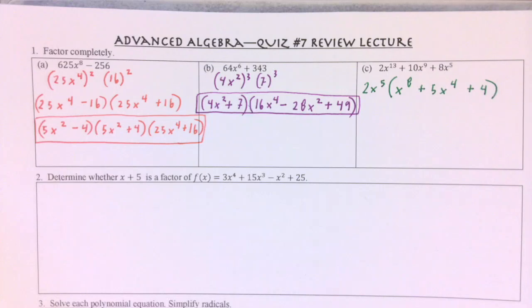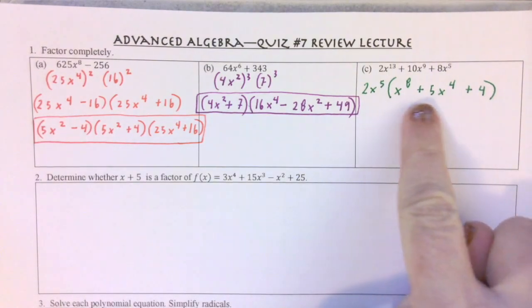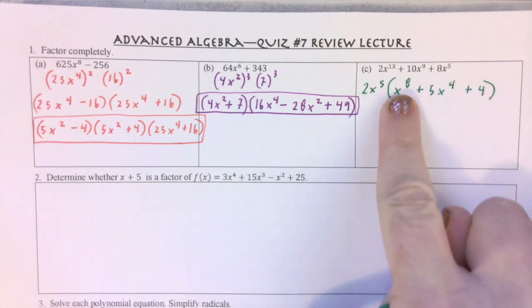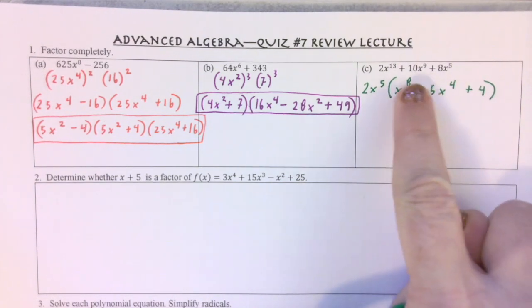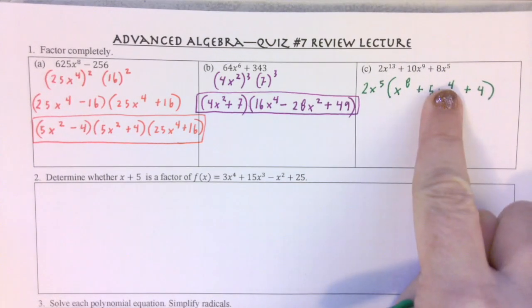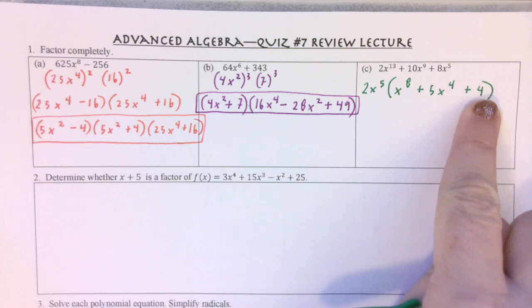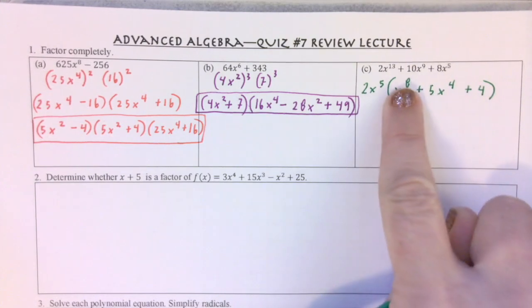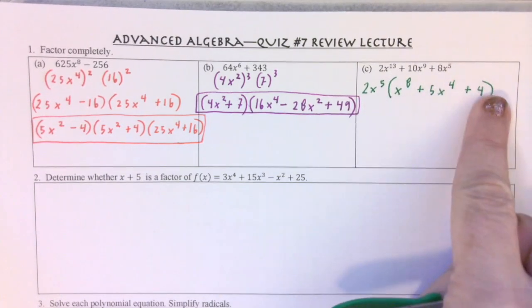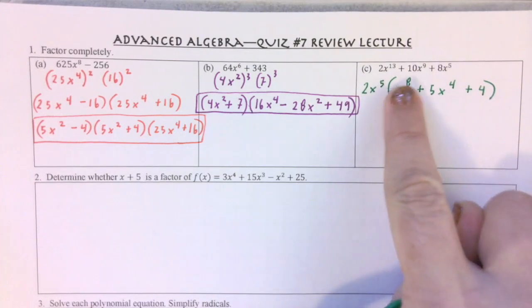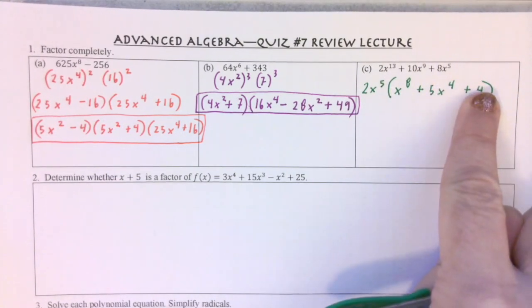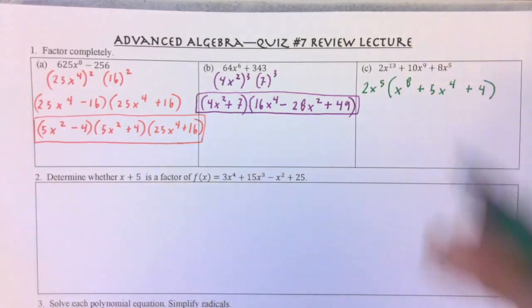So now looking at what's left behind, I recognize that this is quadratic-like. My highest degree of 8. Next, it's half of that power, 4, and then my constant. So that would be the same if I had a power of 4, power of 2, constant. Power of 6, power of 3, constant. Those are quadratic-like.